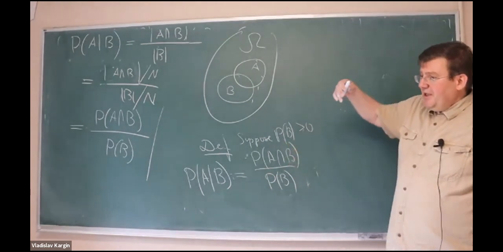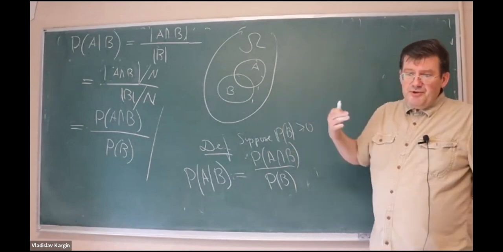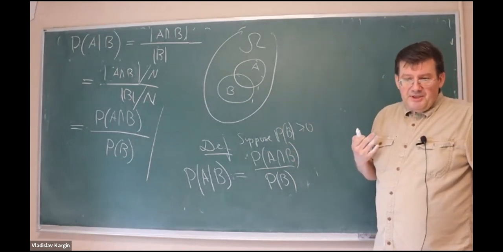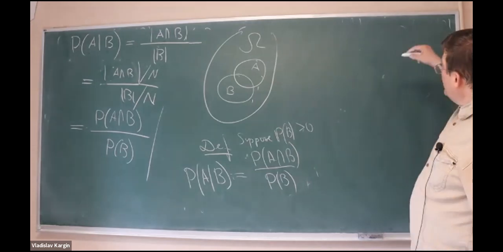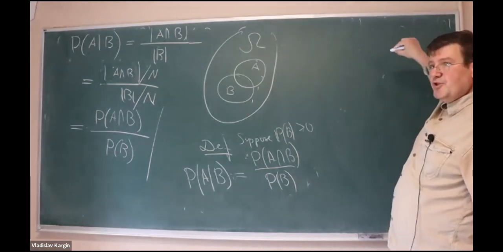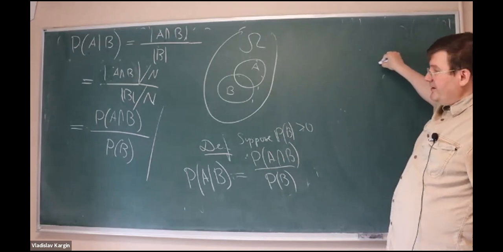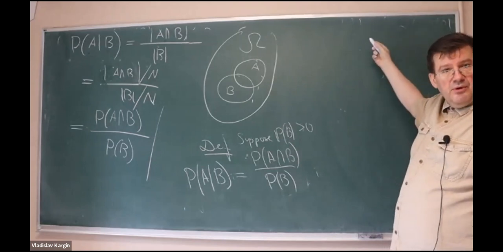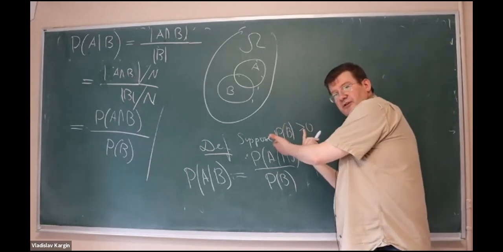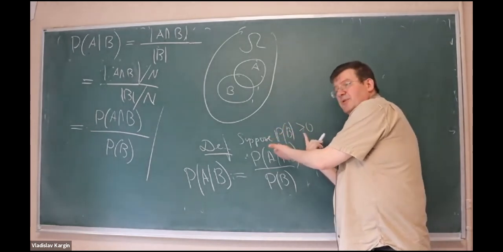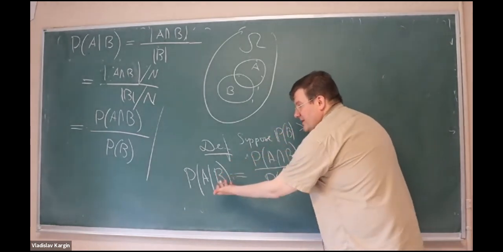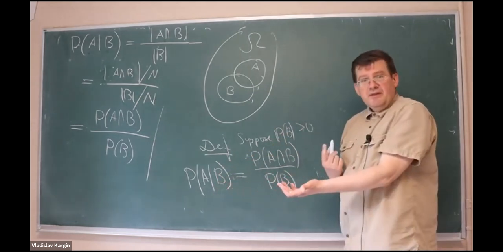Right? But if we talk about continuous probability spaces, we can ask a question. Suppose that the previous shot got in some specific point. What's the probability that something else happens? So in continuous probability spaces, you might be interested in conditional probabilities when the probability of B is zero.